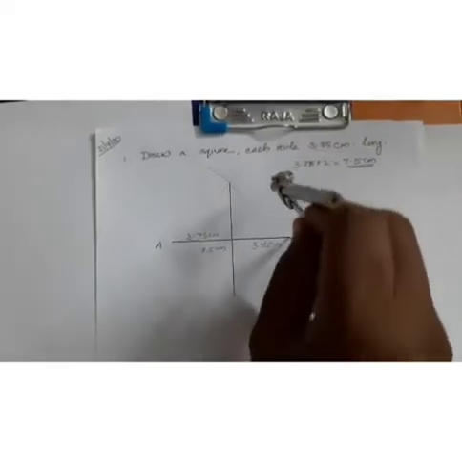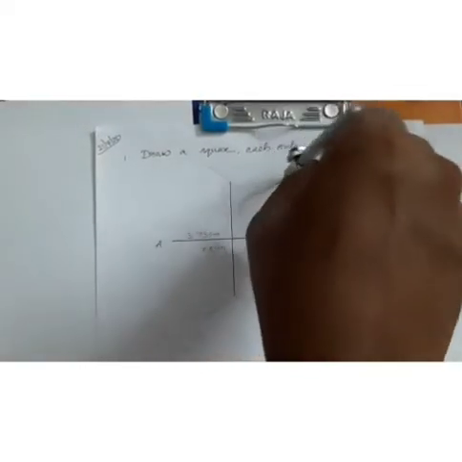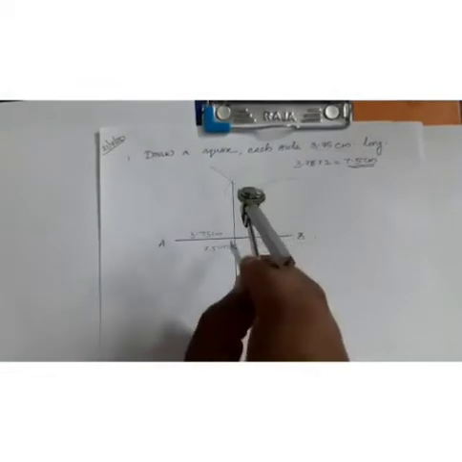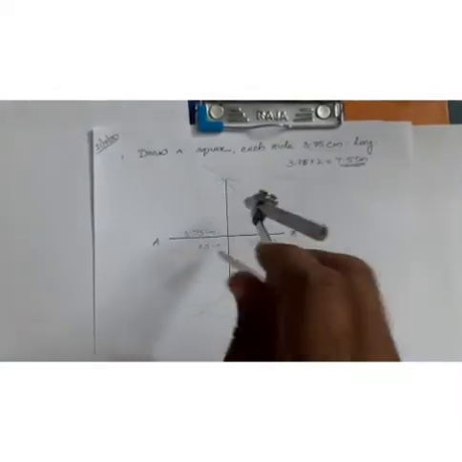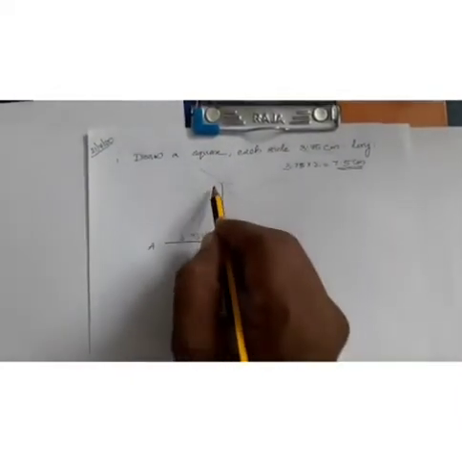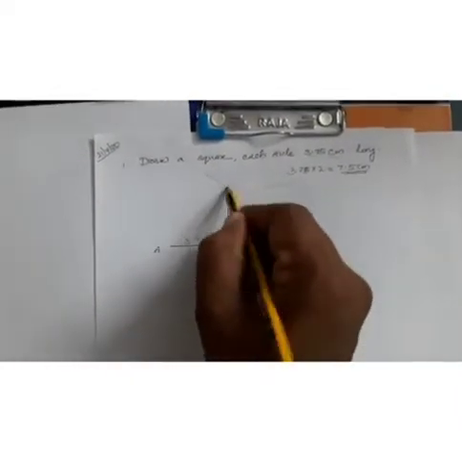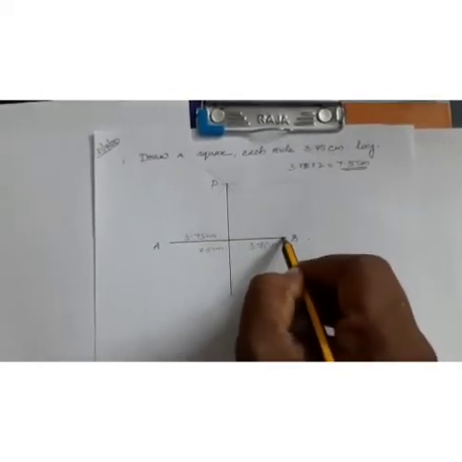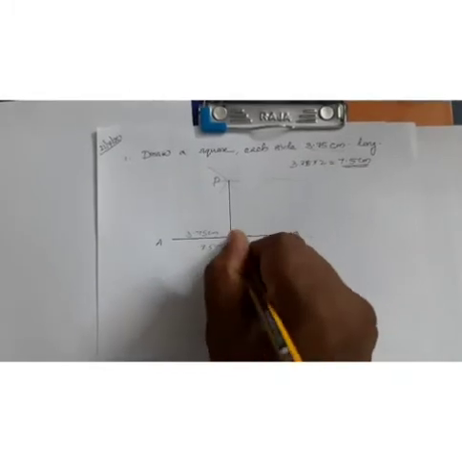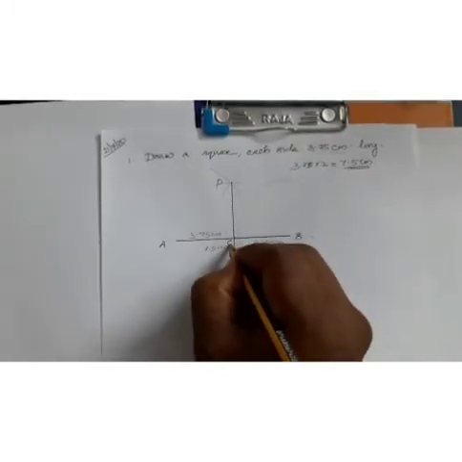Then draw an arc on this side. From here also mark the point. So mark this point as P. The length should be the same as this one. This point is C, we can write.